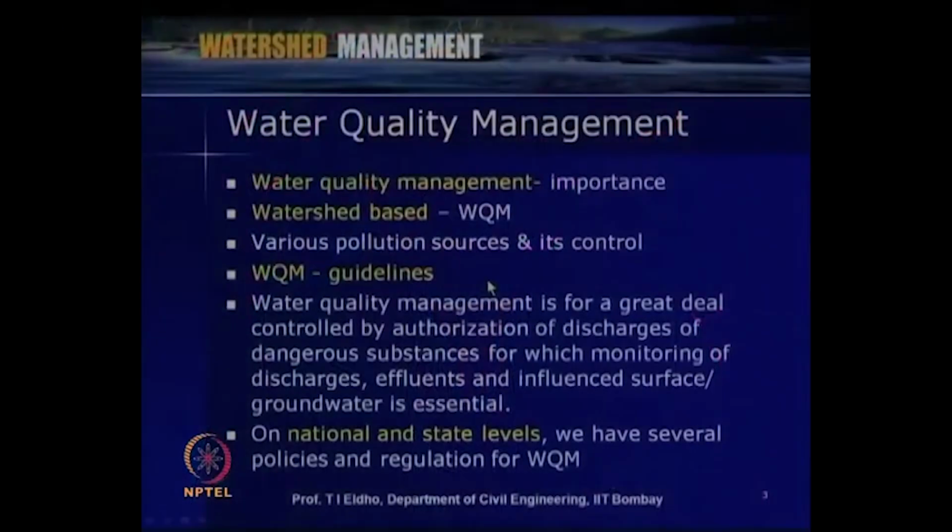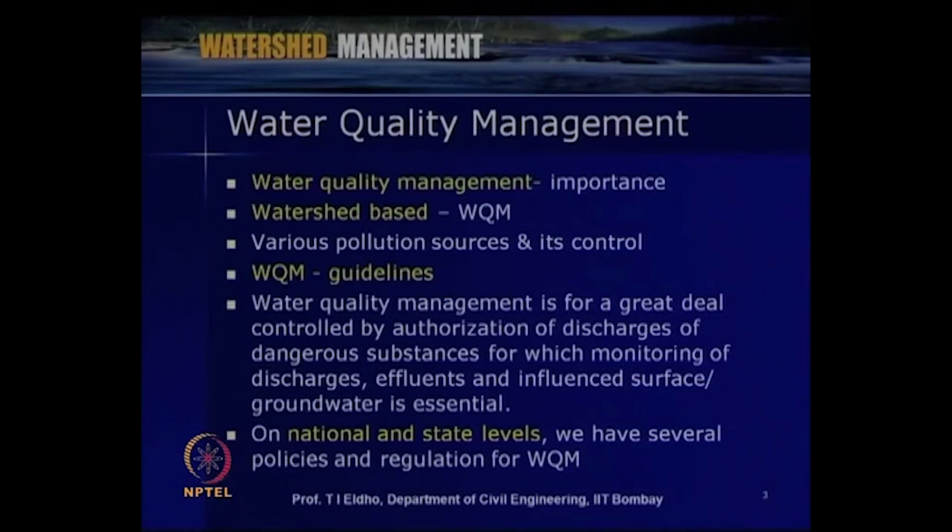Now, as far as water quality management is concerned, as we discussed in one of the earlier lectures, we need very strict guidelines so that we can go according to them. First of all, the guideline means, as far as water quality is concerned, what are the parameter values, the maximum or minimum limits, and what are the other things concerning the parameters.